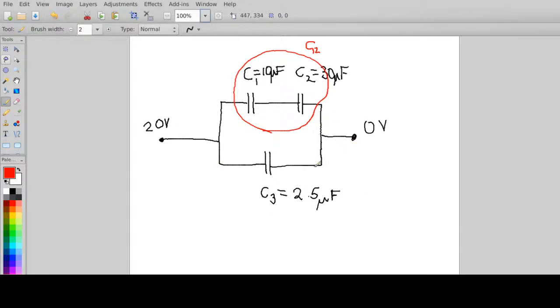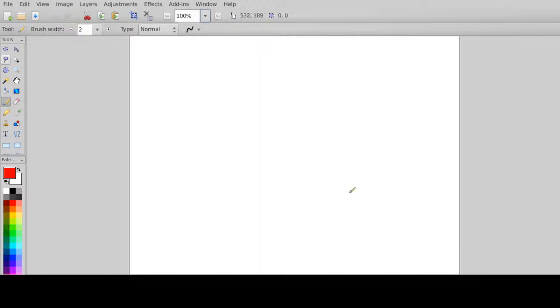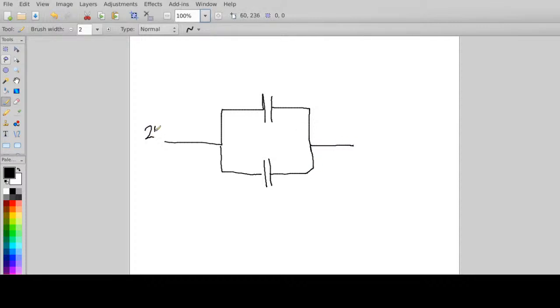Okay, now what? Well, this whole circuit, what's it going to look like? See the red circle there, we can replace it with one capacitor. And so I'll just redraw this. We have here basically this, like that. And we've got this, like that. It's still 20 volts across the whole circuit. This one was C3, which was, what did I say it was?